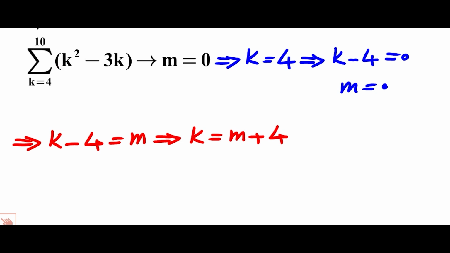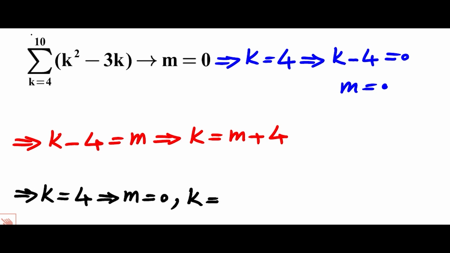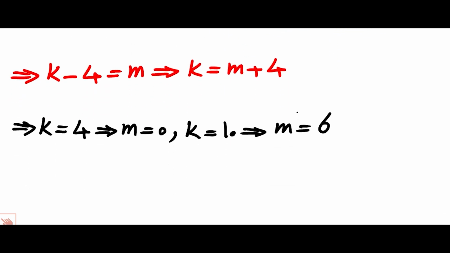So when k equals 4, m equals 4 minus 4, which is 0. And when k equals 10, m equals 10 minus 4, which is 6, right?